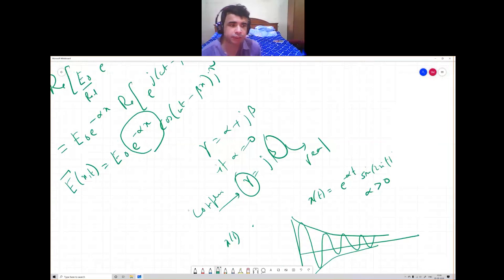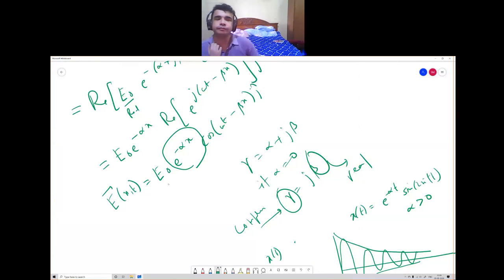So how will this wave look like? This expression of E(x,t). How will this wave look like? This will be attenuated as it propagates along its direction, right?